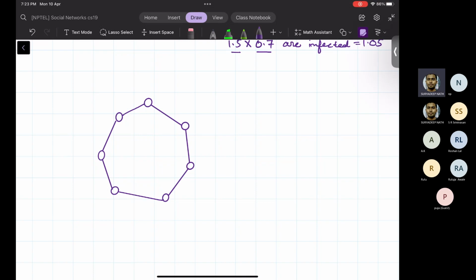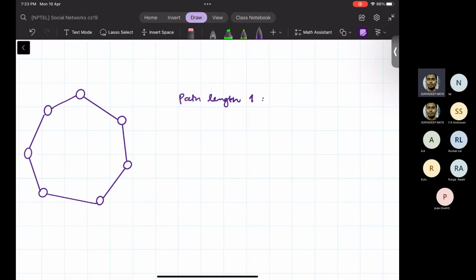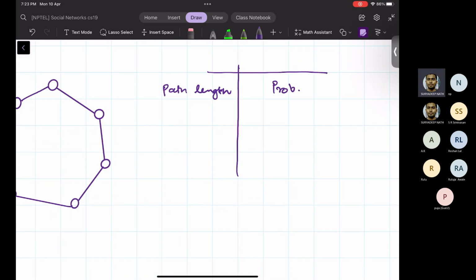Yeah, I think you have to do this expected path length. So if the path length is 1, what is the probability that the path of length 1 exists?